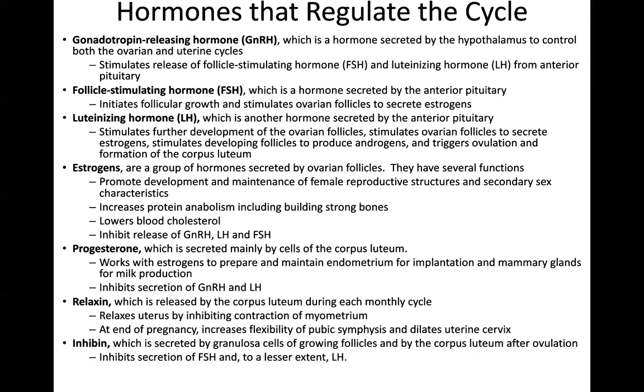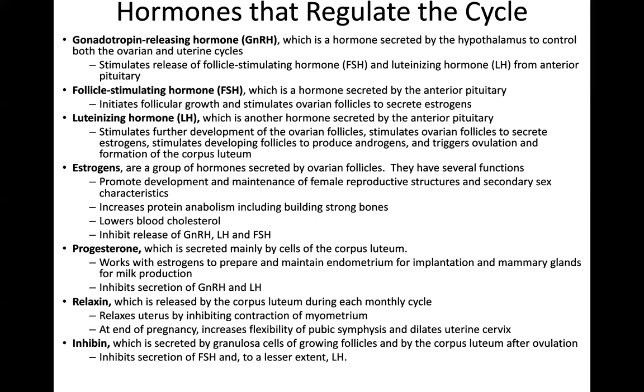Okay. Progesterone secreted by the cells of the corpus luteum. Once again, that's the structure that forms when that bubble bursts, when the egg is ovulated. Along with estrogens, it helps to prepare and maintain the endometrium for implantation.